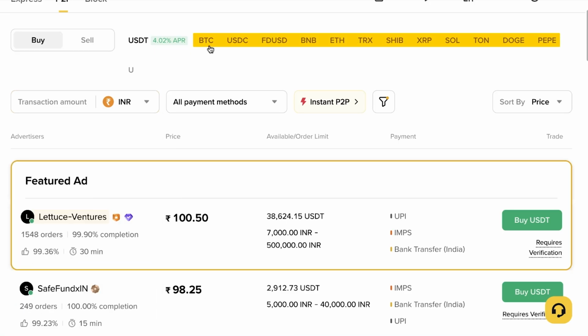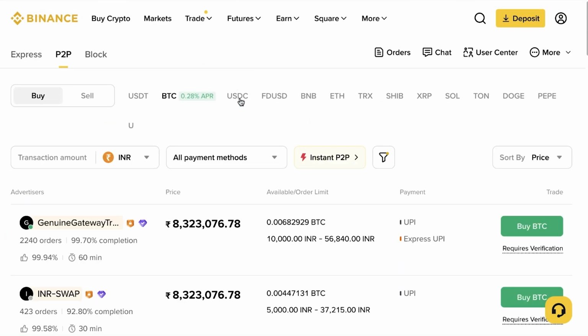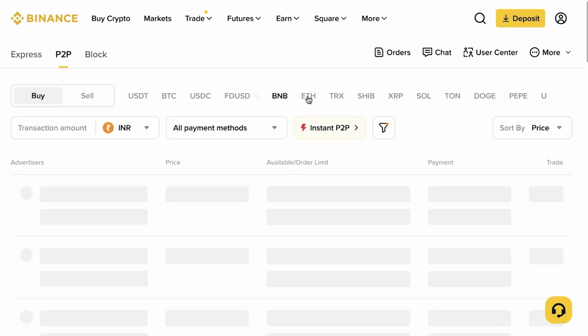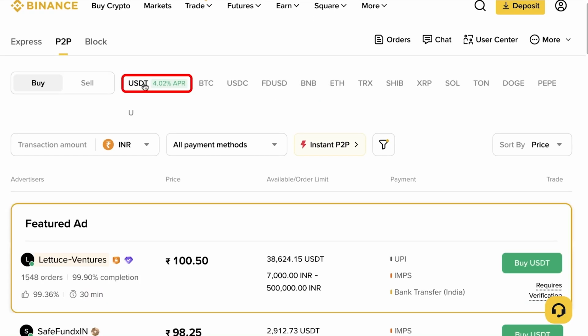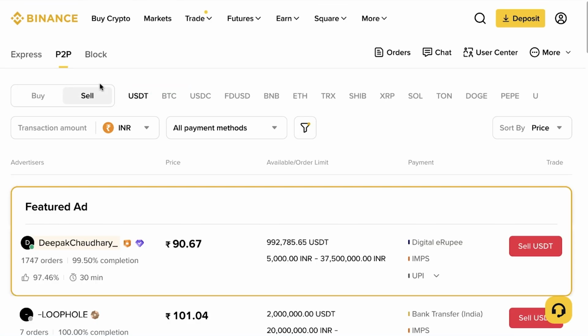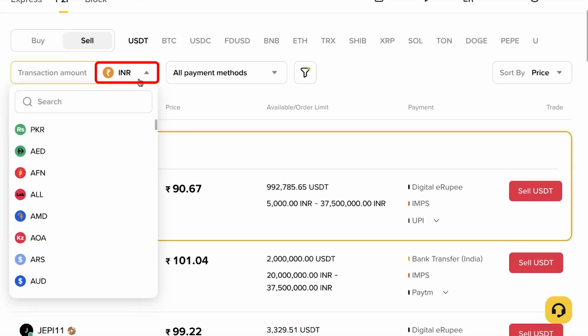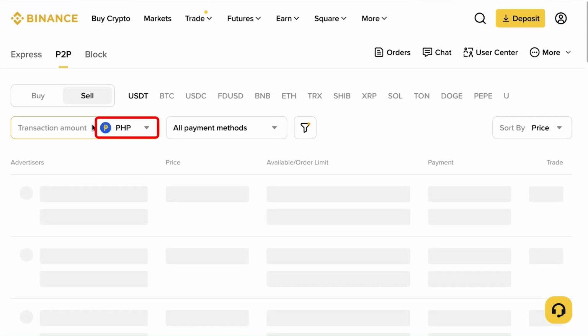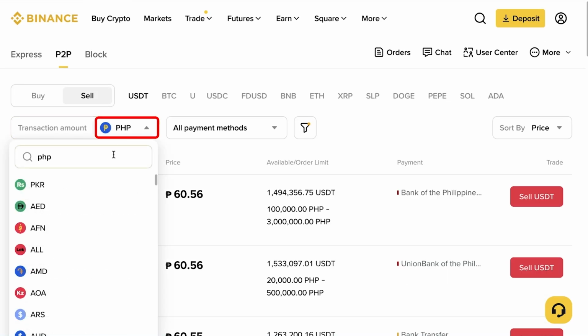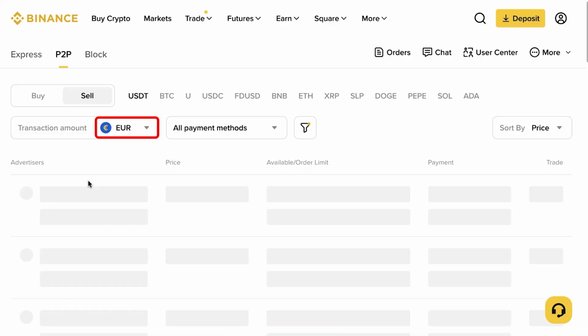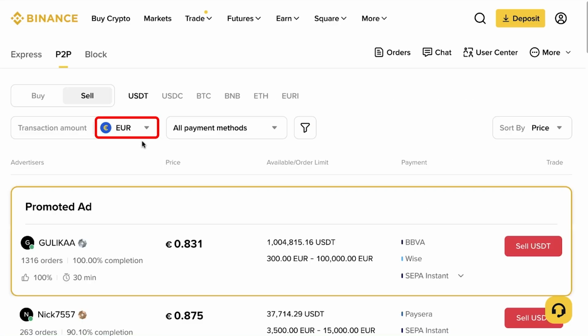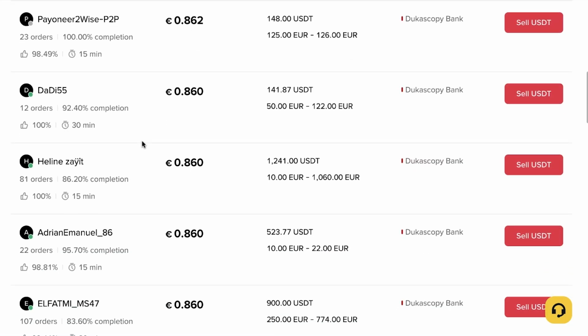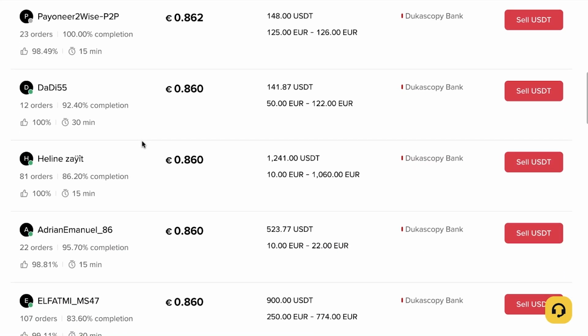You can also choose other ones such as BTC, USDC and many other cryptocurrencies, but USDT typically gives the best rate. For example, if you have USDT on your Binance account, you can click sell and then trade it into Indian rupee. Or if you happen to have Filipino peso accounts, you can do that. Or let's say euro accounts. And here you are able to do this kind of currency exchange, which is a broad definition of Forex trading.